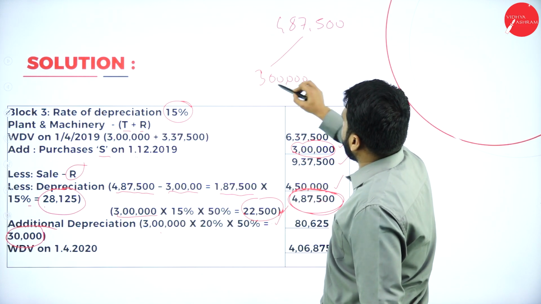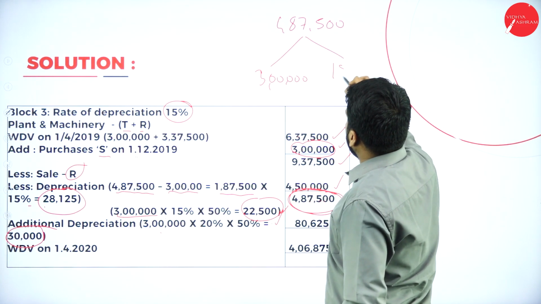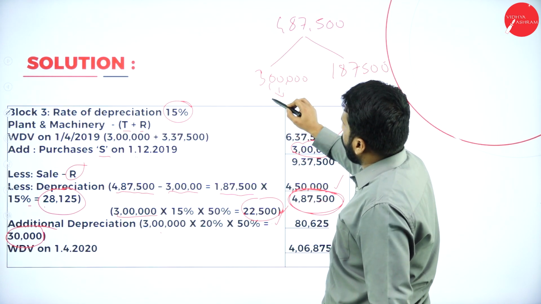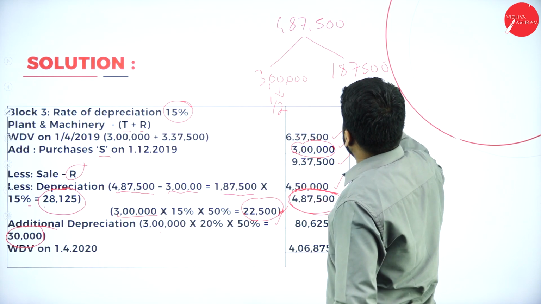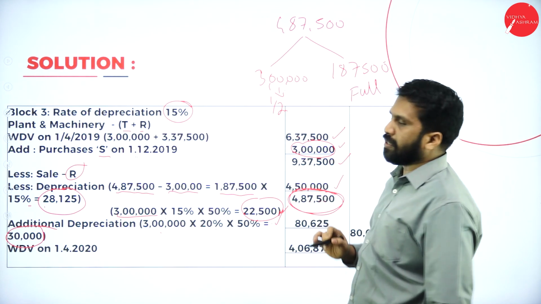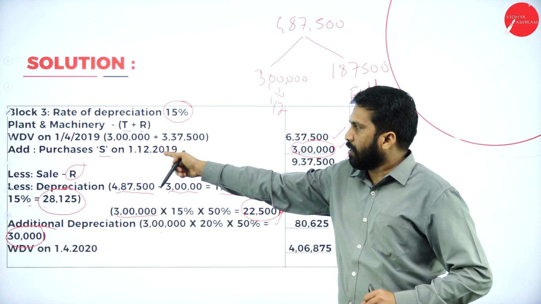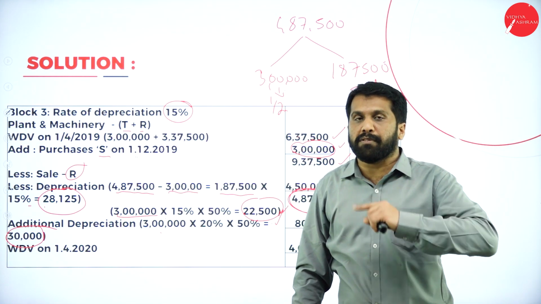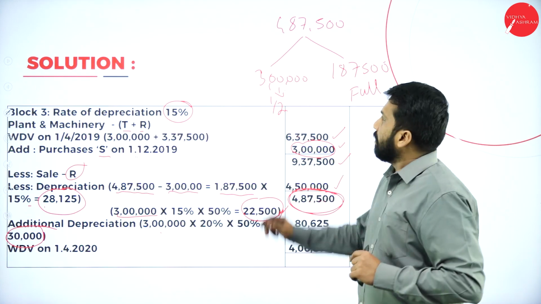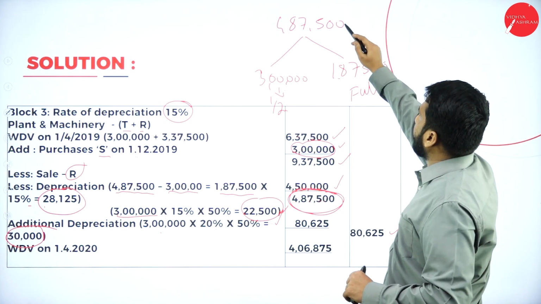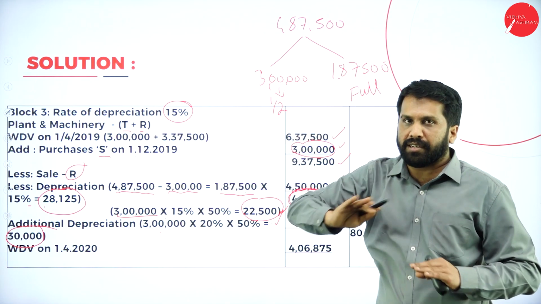This we have to separate, and the rest is 1 lakh 87,500. On this, half depreciation on the 3 lakh, and full depreciation on the rest. That's it. Now, in case this is purchased before Gandhi Jayanti, before October 2nd, then this kind of bifurcation is not required. Directly calculate 15%. Clear?